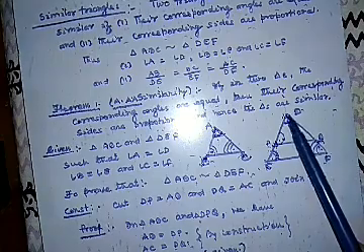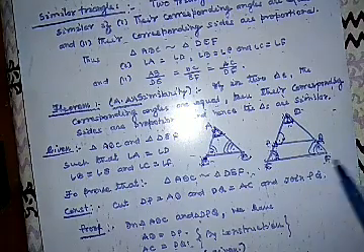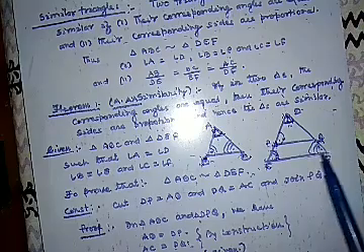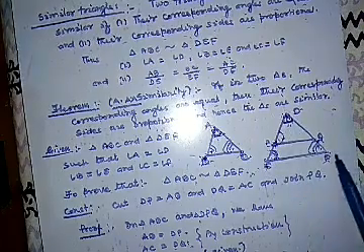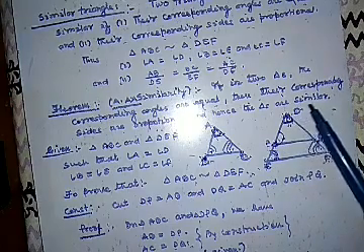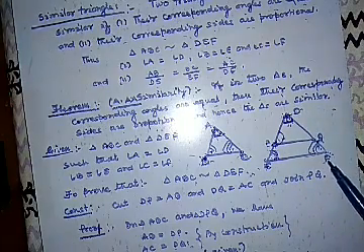Now in triangle DEF, here we find PQ is parallel to EF, so by BPT theorem we can write DP upon DE is equal to DQ upon DF.